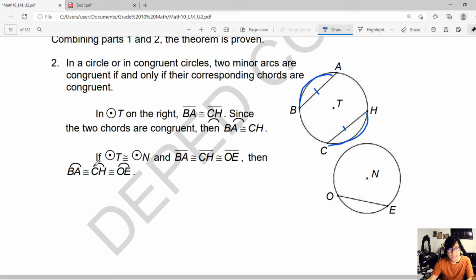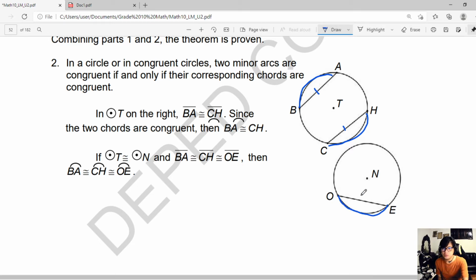In addition, we have if circle P is congruent to circle N, and segment BA is congruent to segment CH, which is also congruent to OA, then their intercepted arc, or their arc, is also congruent. So arc BA, CH, and arc OA are congruent. Congruent din ito sila.